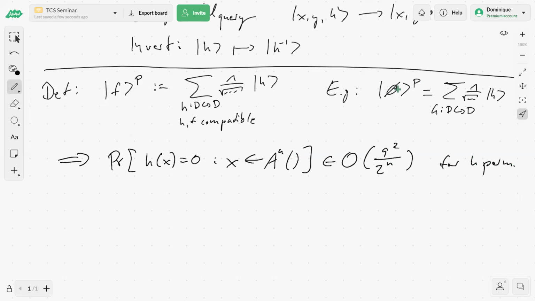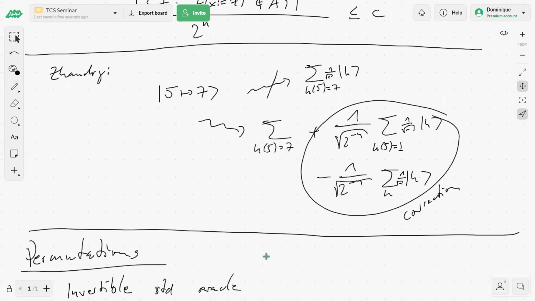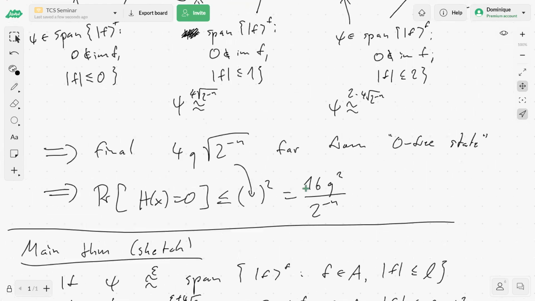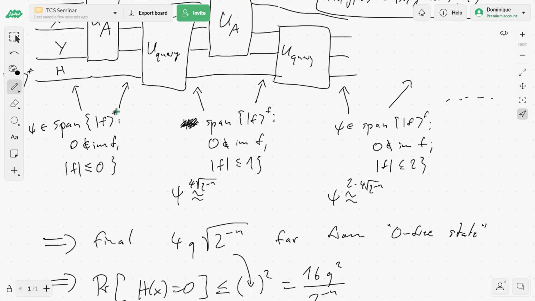So if I go up again to this analysis, where did it go? Here, instead of writing a little f, you write a p here, because now our invariant is expressed in these p states. The bounds here are a little bit different, but the difference is so small it vanishes in the O stuff.